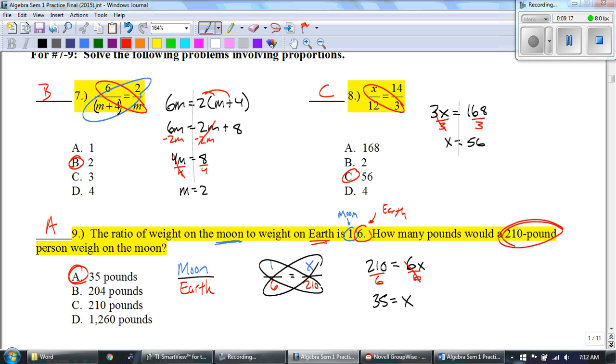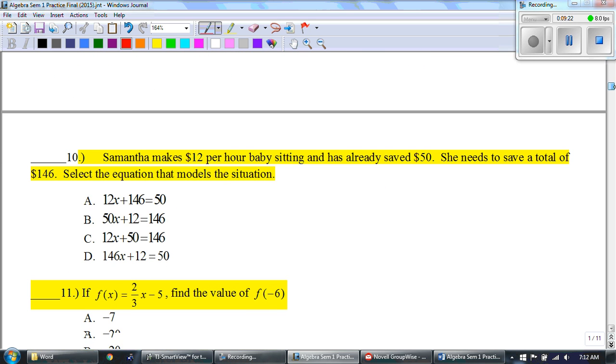All right, one more. We can do it. Samantha makes $12 per hour babysitting. She already has saved $50. She needs a total of 146. Remember that total is our equal sign, so I know no matter what, it needs to equal 146.